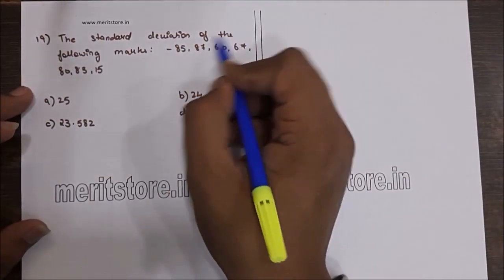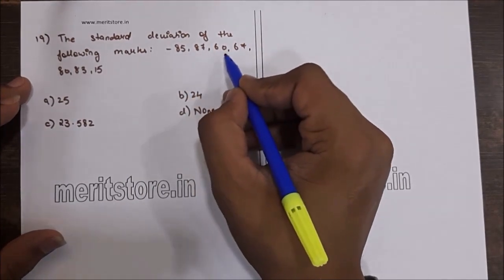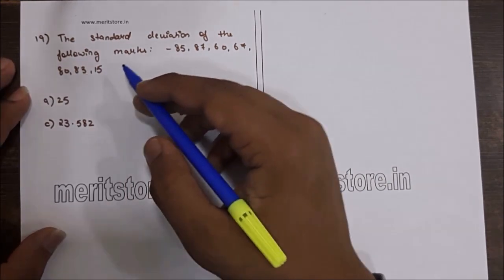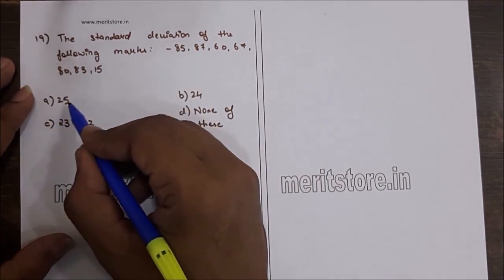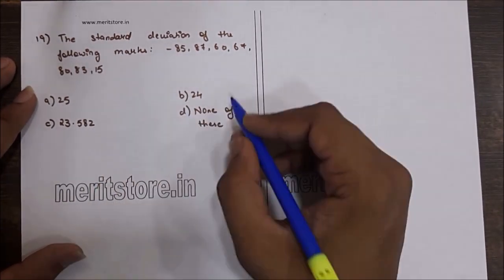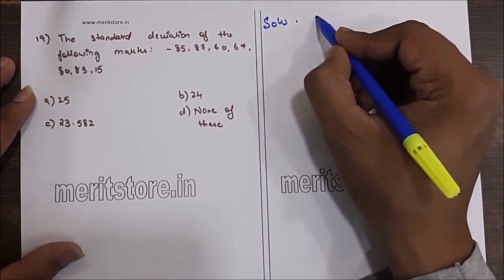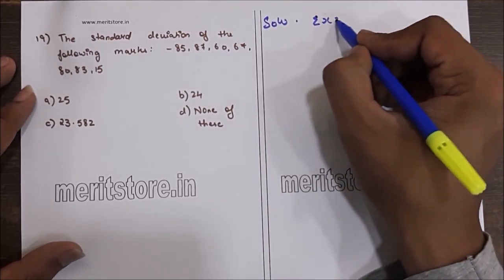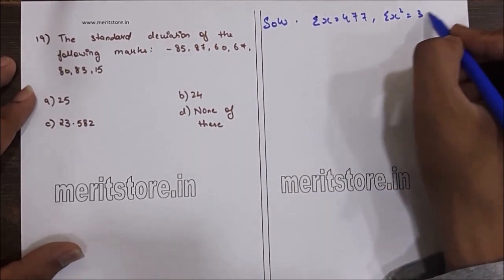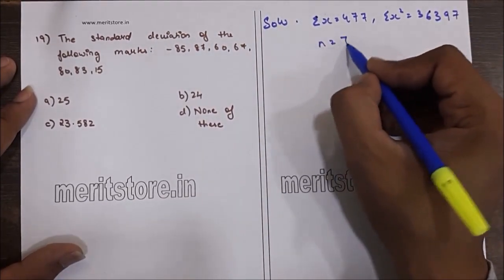The standard deviation of the following marks minus 85, 87, 60, 67, 80, 83, 15. Option A is 25, option B 24, option C 23.582, option D none of these. Therefore, the solution is, as we have given, summation x is equal to 477, summation x square is equal to 36397, n is equal to 7.